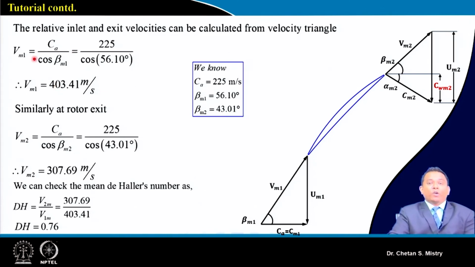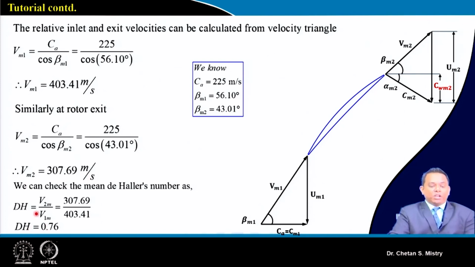Based on trigonometry, the relative velocity at the entry is Ca by cos beta 1, and at the exit it is Ca by cos beta 2. That gives my entry relative velocity as 403.41 meter per second and my exit relative velocity as 307.69 meter per second.